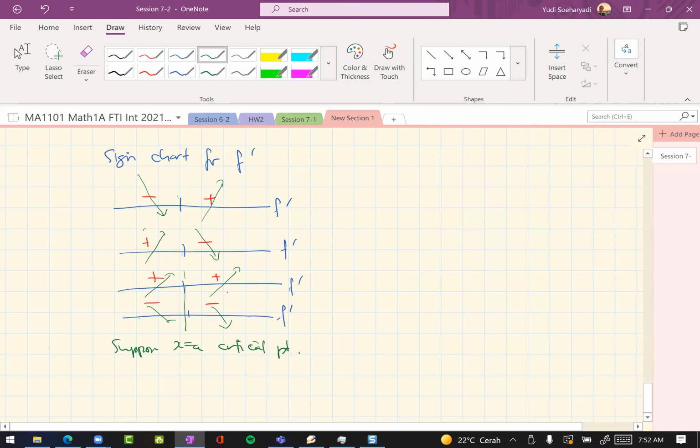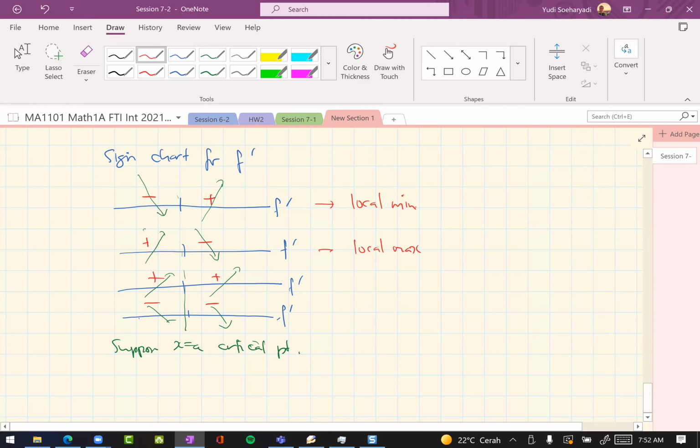Okay. So here what you have is that because it's continuous, you have to be able to connect to the left and to the right of A. Okay. And in this case, then you have a local min. Here you have local max. Okay.